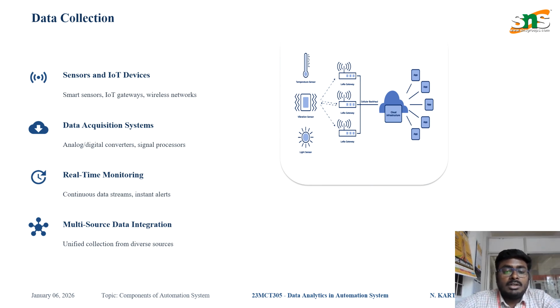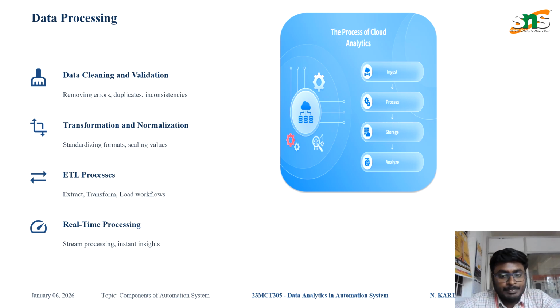Moving on to the second component, data processing. The raw data is usually messy, so this stage cleans and prepares it for analysis. Key activities include data cleaning and validation, which is removing errors, duplicate data, missing values, and inconsistencies in the data that we have collected. Then comes transformation and normalization, converting the data into standard formats, like scaling values or aggregating them.